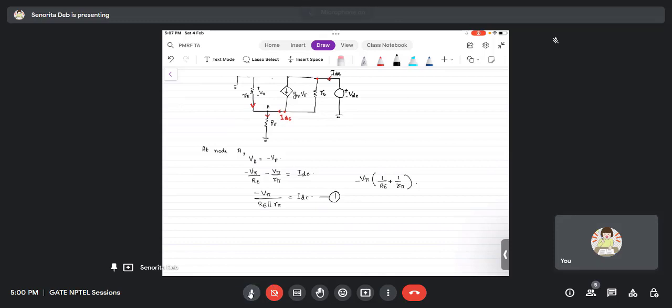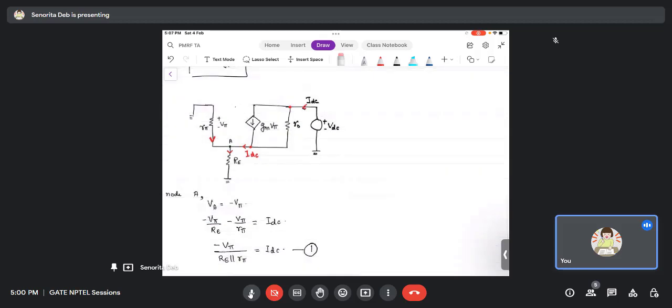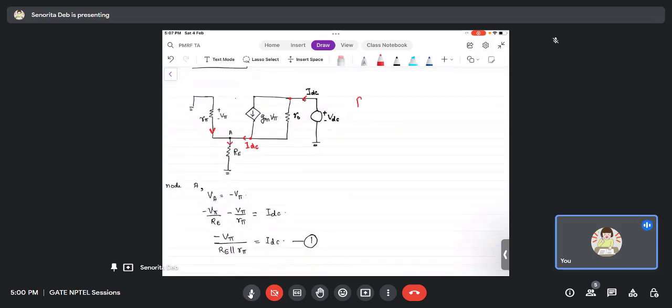Now let me erase this part. Okay, so now what I want is VDC by IDC, right? So Rout will be equal to VDC by IDC. Now I can put a KCL here, or I can put a KVL equation.